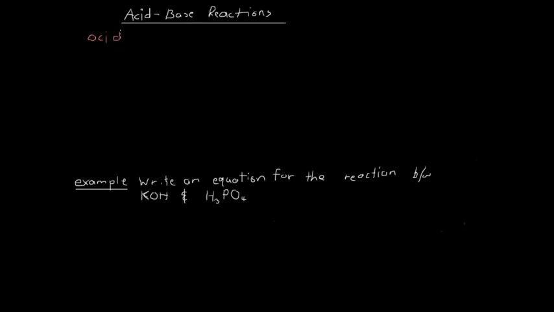So we've got a bit of a template here. An acid and a base, when they react: these are both usually ionic compounds. We've seen that they can be molecular compounds like hydrochloric acid, but this can effectively be compared to an ionic compound.